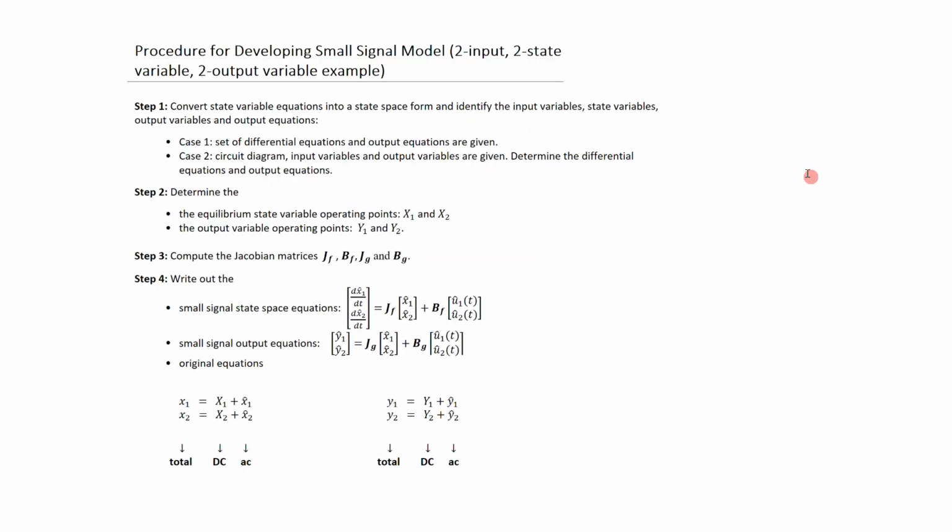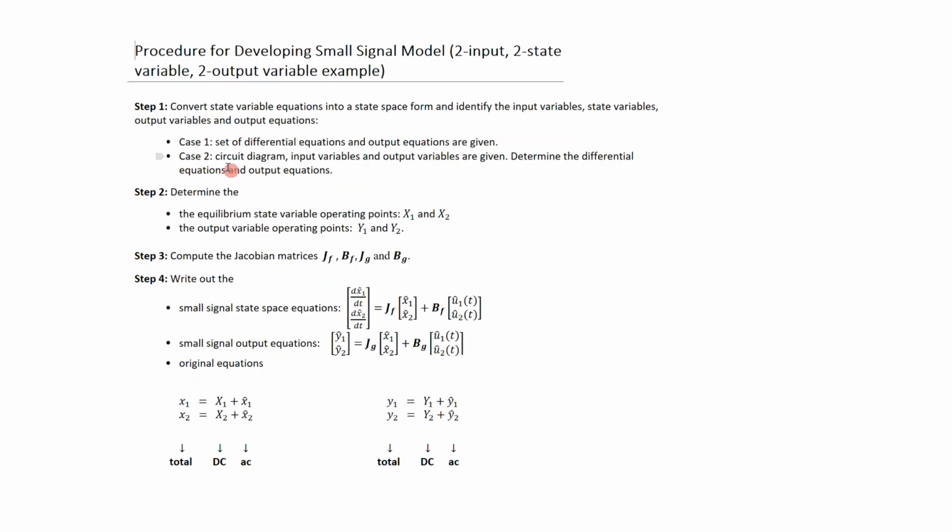All right, so now the procedure for developing small signal model using a 2-input, 2-state variable, 2-output variable example. So first step is to convert state variable equations into a state space form and identify the input variables, state variables, and output variables in the output equations. So one case considers a set of differential equations, output equations, which are given to you.